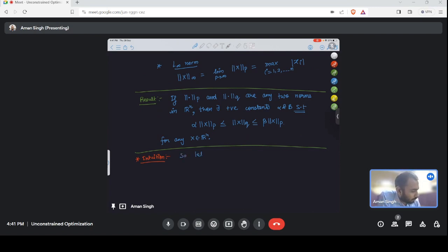Let's say we are using a particular p norm as a stopping criterion for an optimization algorithm.